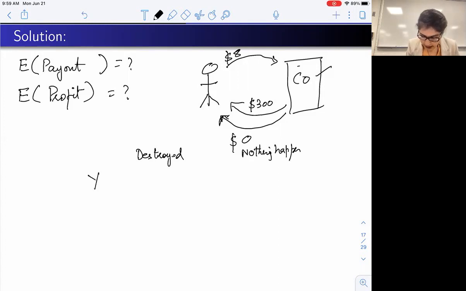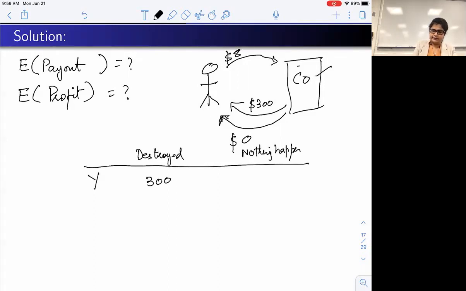What will be the outcomes? What is the payout that the company is going to pay to the farmers? If it is destroyed, the company is paying $300. Second, if nothing happened, they are not paying anything, zero. What are the probabilities for both of these payouts?